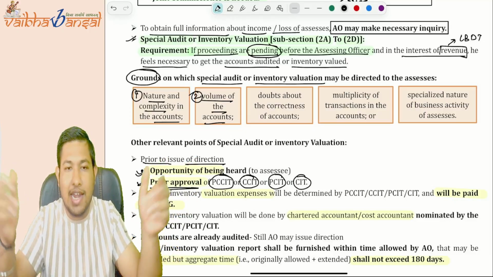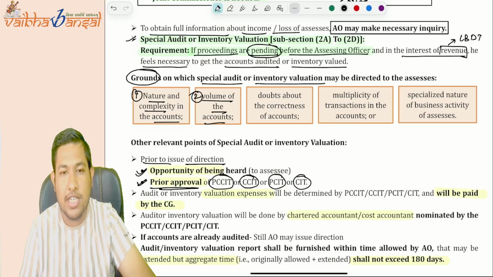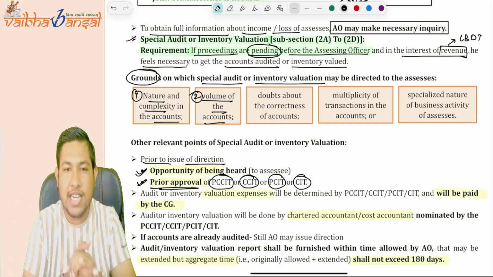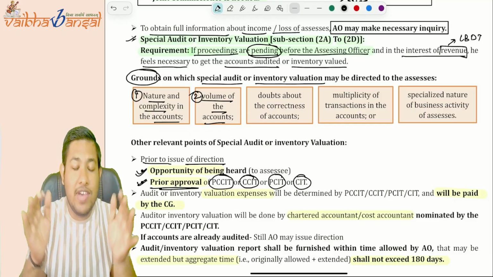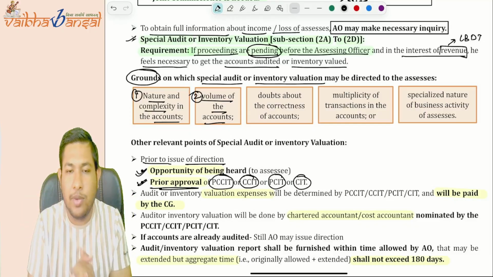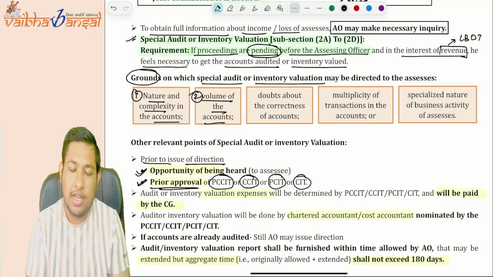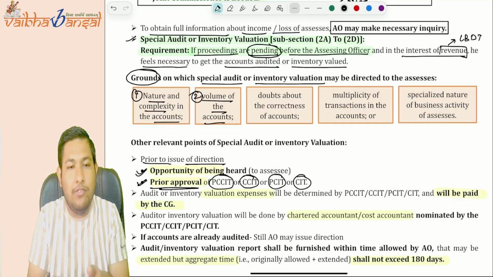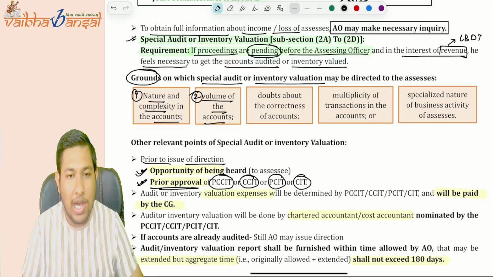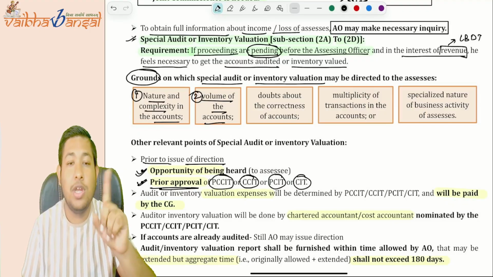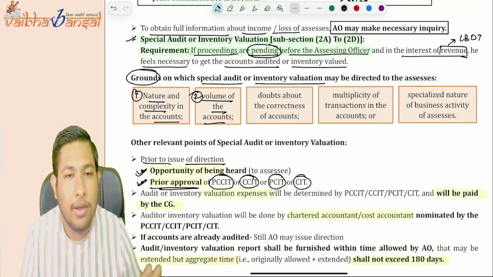He has so many assessees under his jurisdiction, various assessees can be under one jurisdictional AO. Correct or not? So if the volume of the account is so high, the whole time will be spent on that one assessee itself, so it is not prudent.